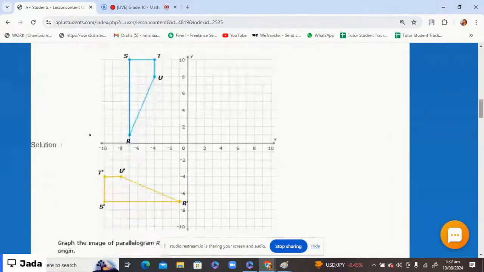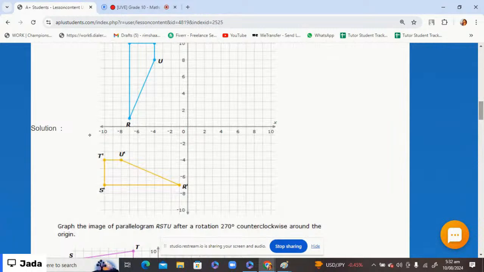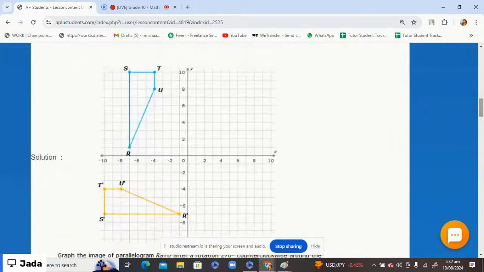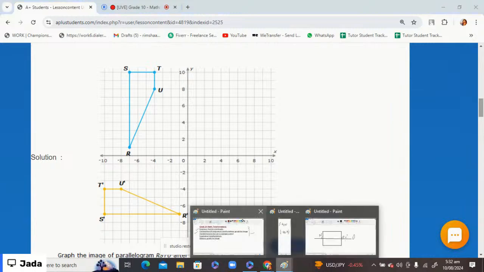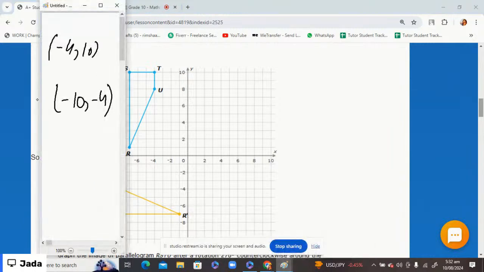When we see the second point U, what is it? -4 and 8. And here it's -8, -4. Okay, it's again a change. This is for the point T. Now for the point U, the first is -4 and 8, and now the second is -8, -4.